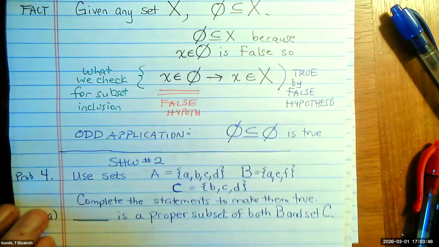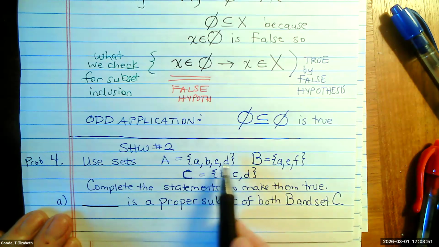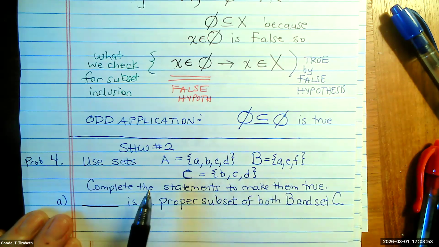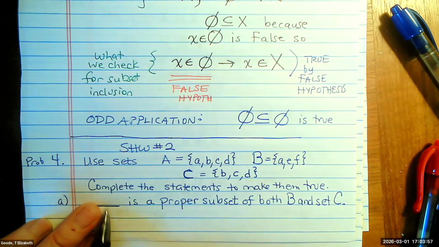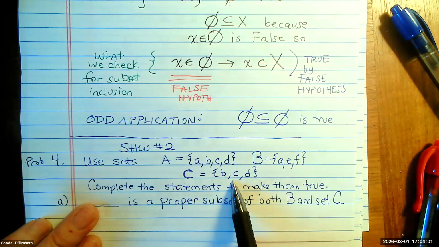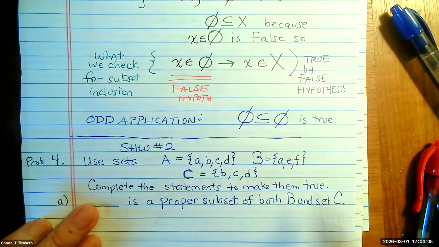So here we have these three sets, and we're asked to complete the statements to make them true. So blank is a proper subset of both B and C. Well, do B and C share any elements in common at all?